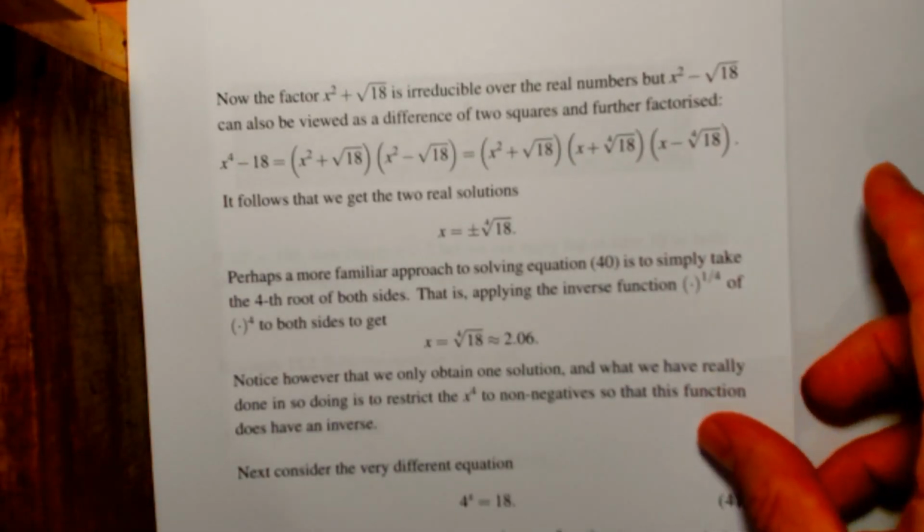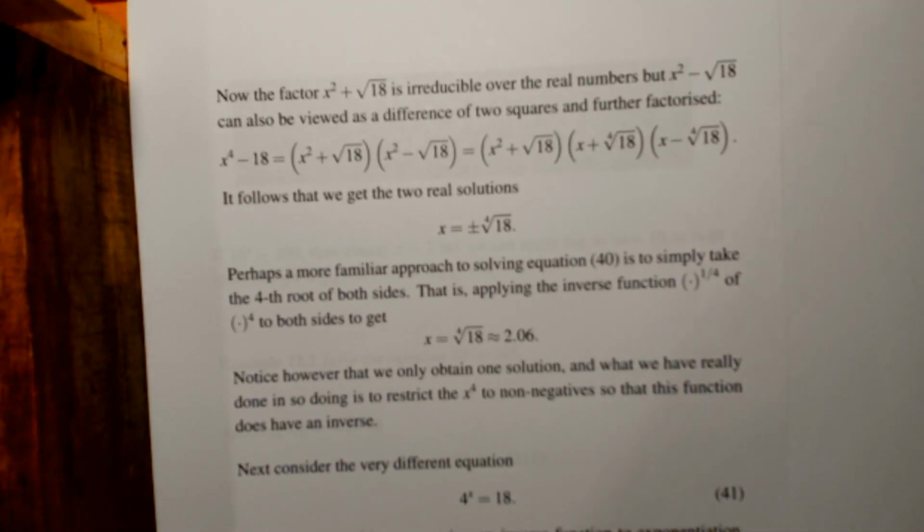But we can factor x squared plus root 18 into a product of 2 linear complex factors, but we cannot factor that over the real numbers because we require complex numbers that are not real in order to get its linear factorization. Alright, now x squared minus root 18 can also be viewed as the difference of 2 squares and further factorized.